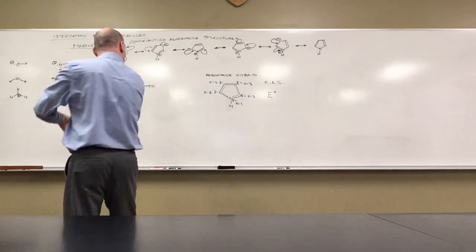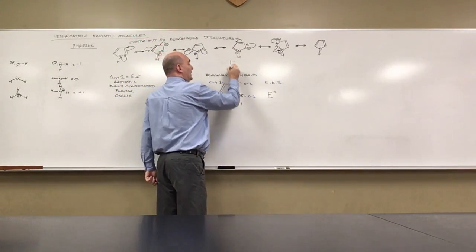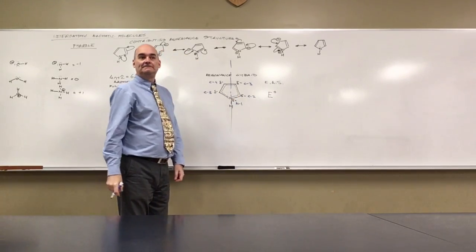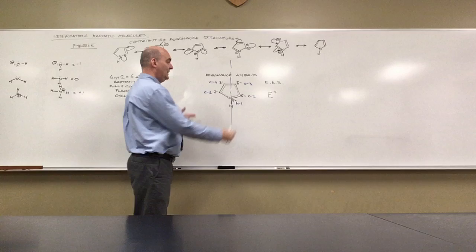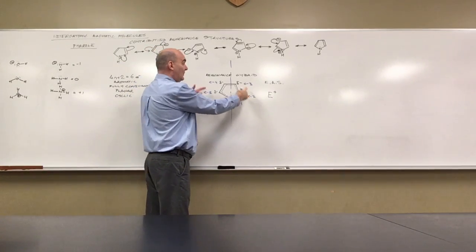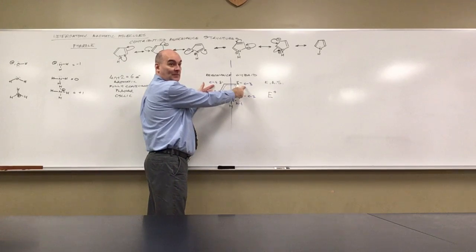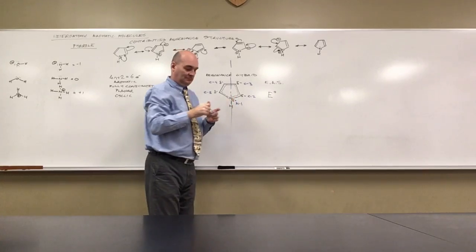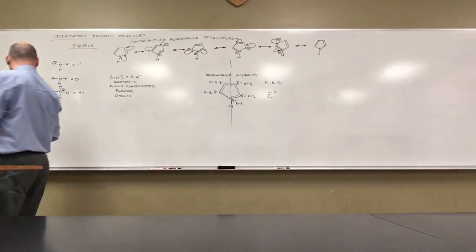Just the 2, because this molecule is symmetrical right down the middle, which means these 2 are the same as each other. Those 2 are the same as each other, but different than these 2. Okay, let's do it.